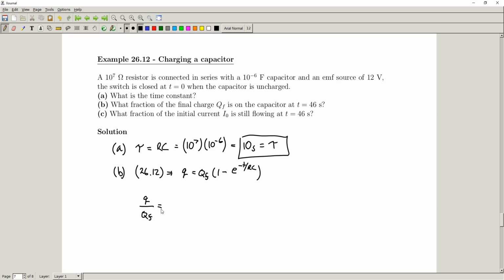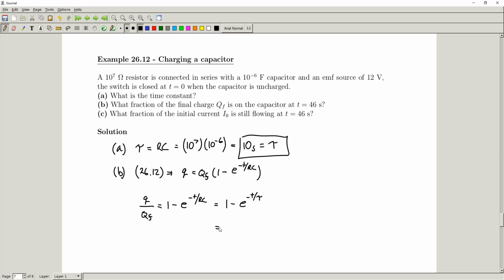And we can see right from here that this is going to be equal to 1 minus e to the minus t over RC. But RC we know is just tau. So this is just going to be 1 minus e to the minus t over tau. Now we just need to substitute in our values.